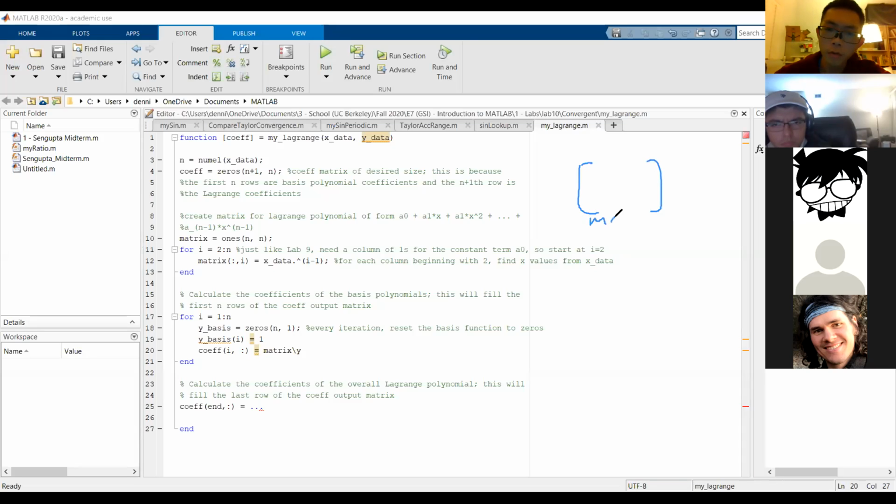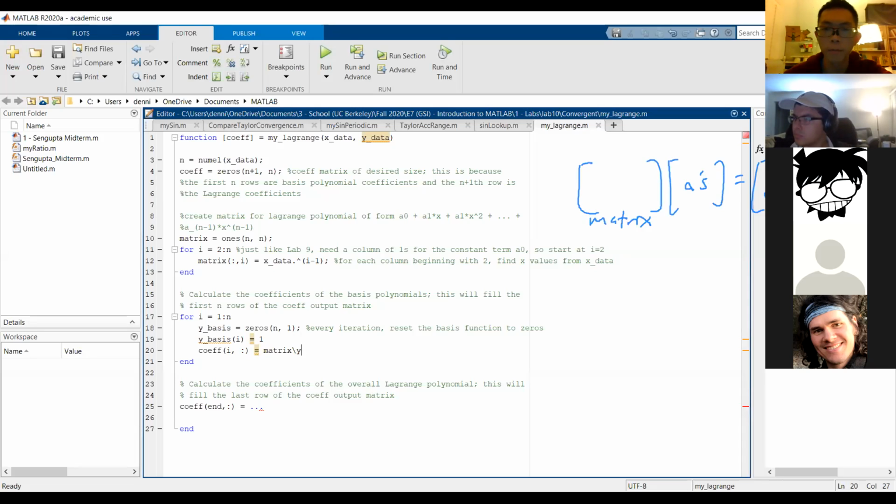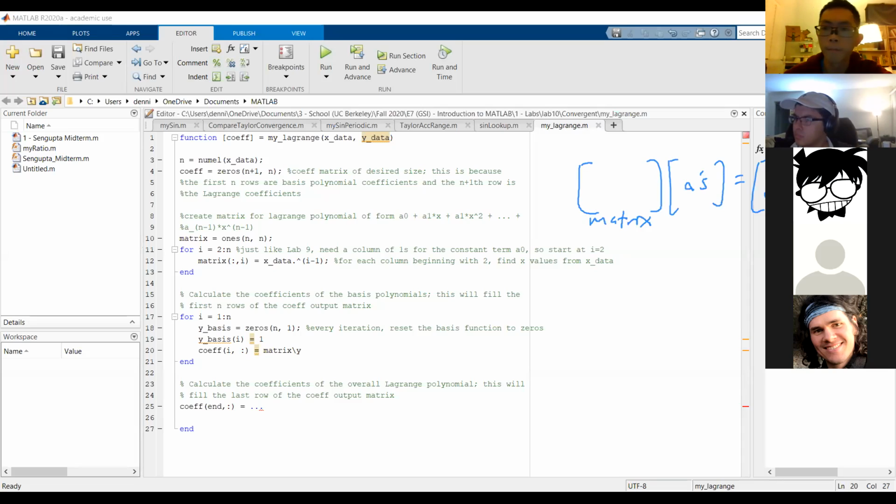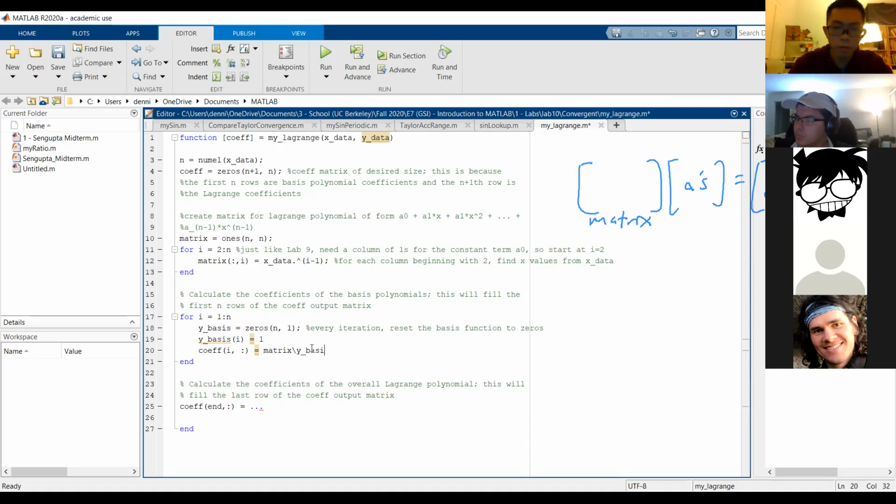So matrix and A's equals y basis of whatever that is. No, sorry, this is not y basis colon dot dot dot. It's just y basis. So this is going to be y basis.